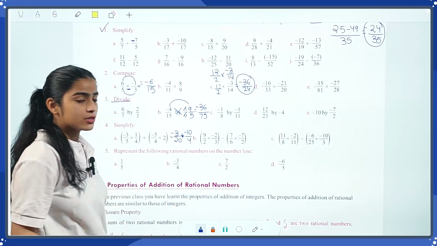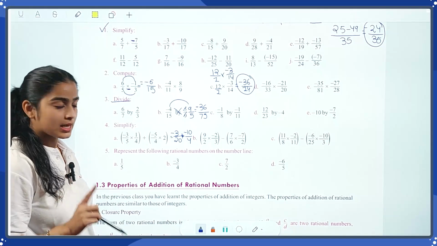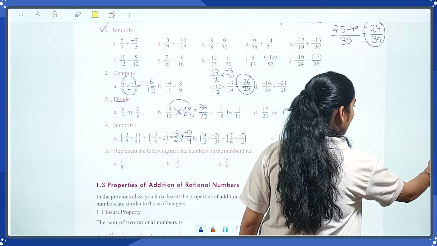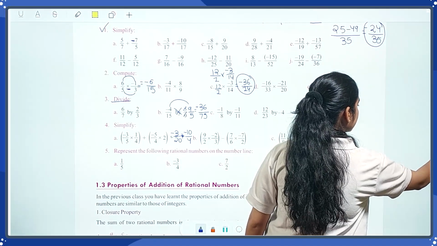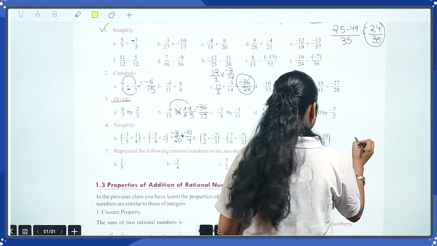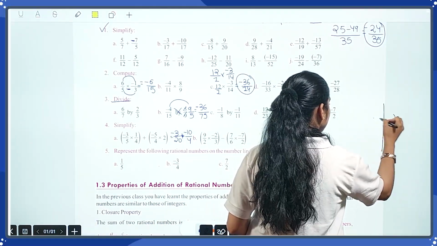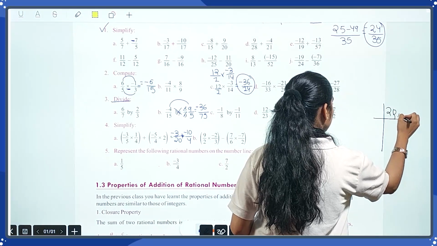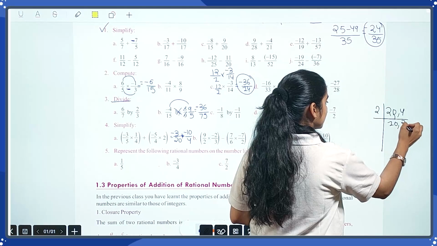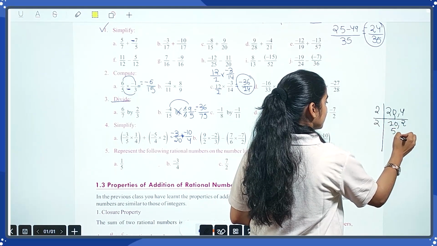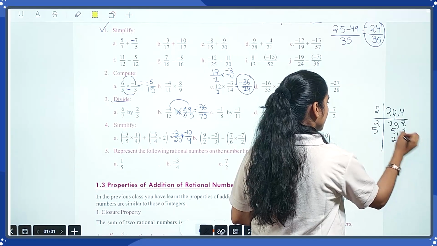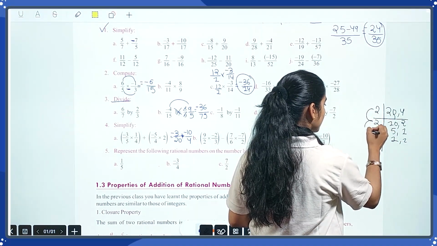For addition, first we have to make the denominators the same. So take the LCM of 20 and 4. 2, 10, 2, 5, 1, 5, 1, 1. 2 twos are 4 and 4 fives are 20.